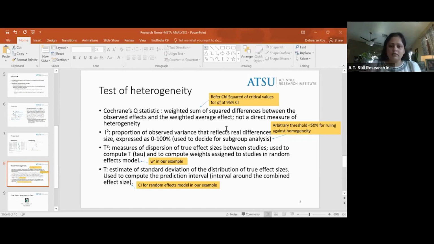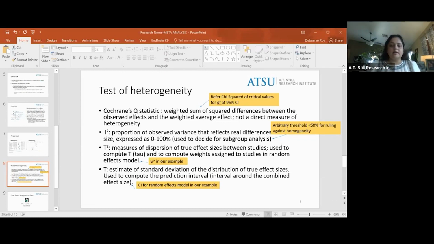Tau is an estimate of the standard deviation of the distribution of the true effect sizes, and it's used to compute the prediction interval around the combined true effect of the intervention, which you deduce by conducting the meta-analysis.